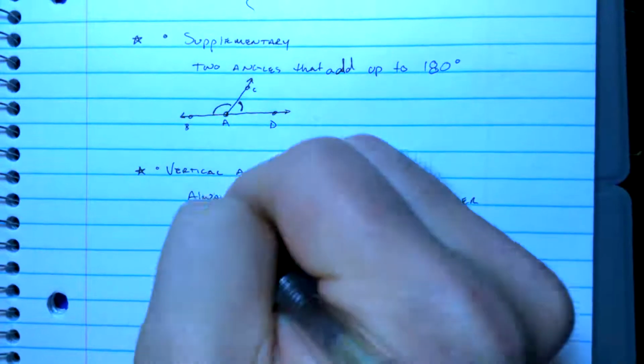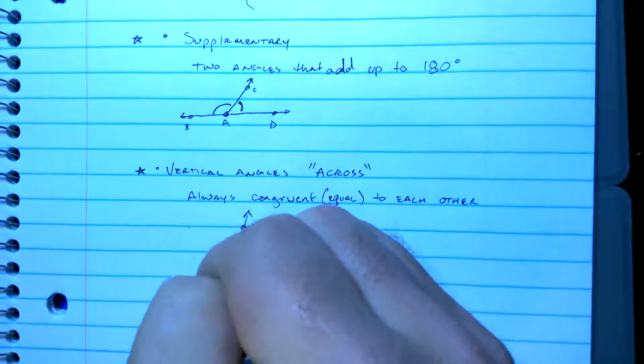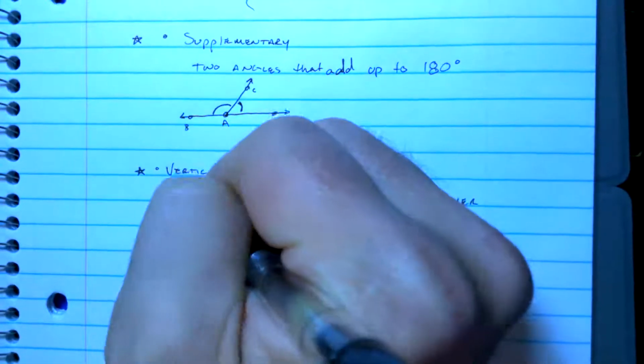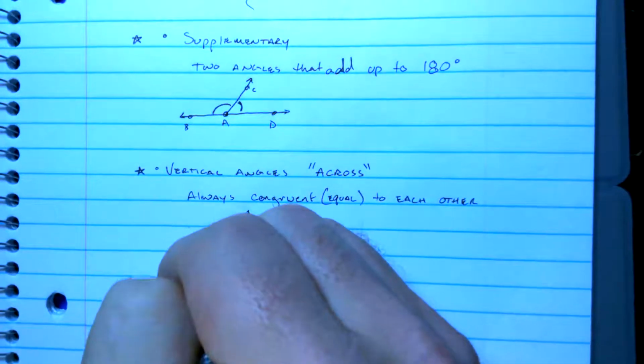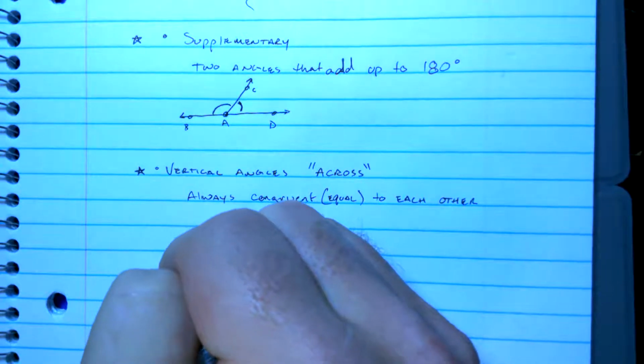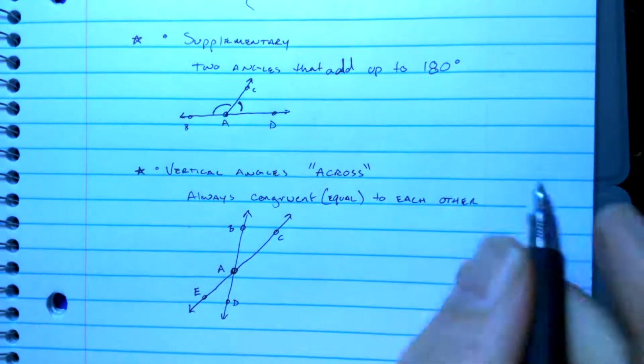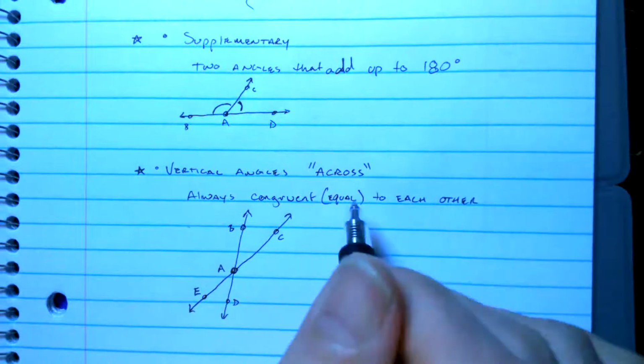We'll put our endpoint here, and we'll go around and add some names. So B, C, D, and E.